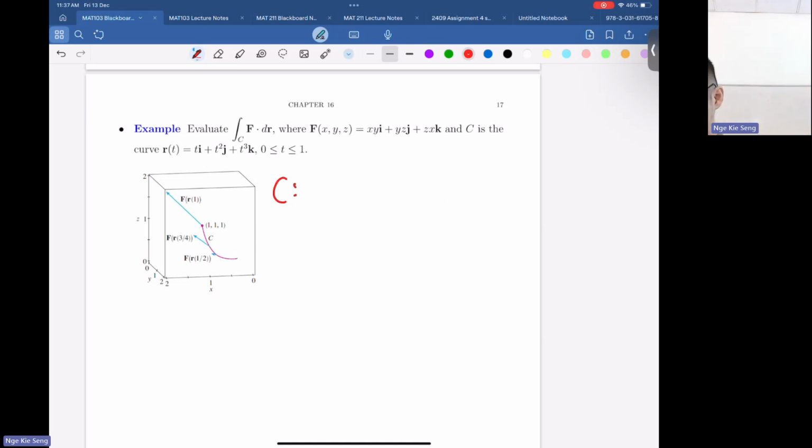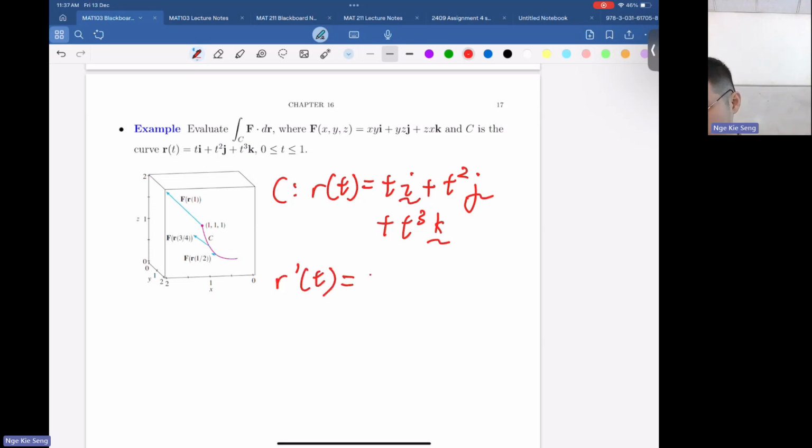Okay, let's do it. This curve is described by t in the first variable, t squared in the second variable, and t cubed in the third variable. If you use the first way, like what I did just now, you can straight away differentiate this, where you get 1, 2t, and 3t squared for all three terms. Note that your t is always going from 0 to 1.